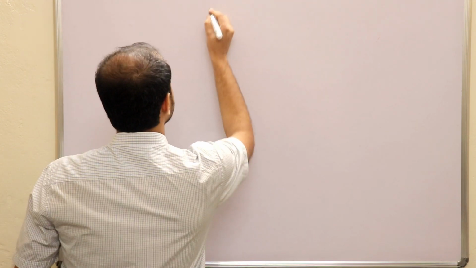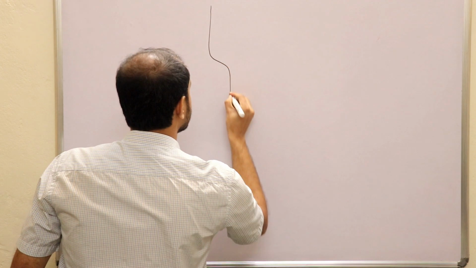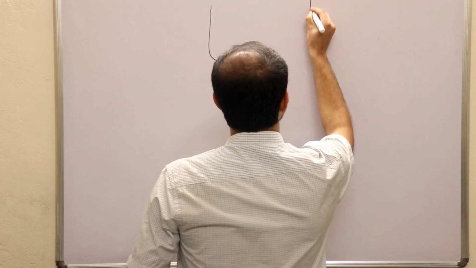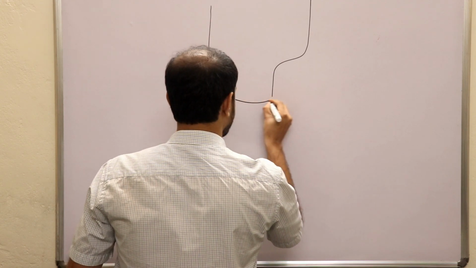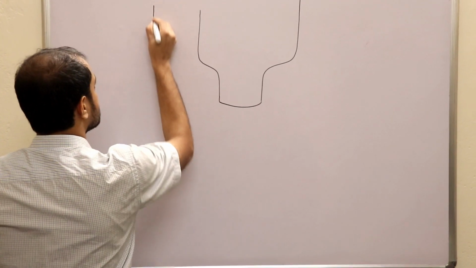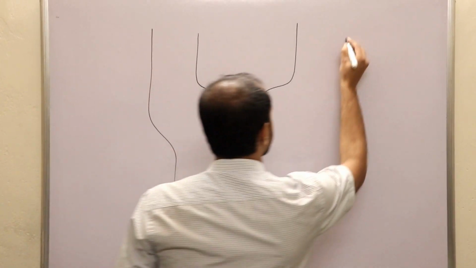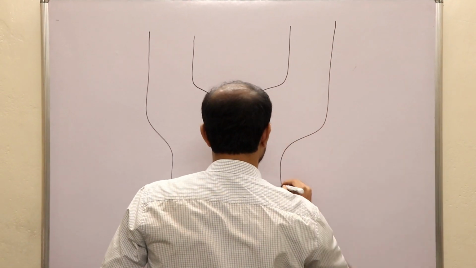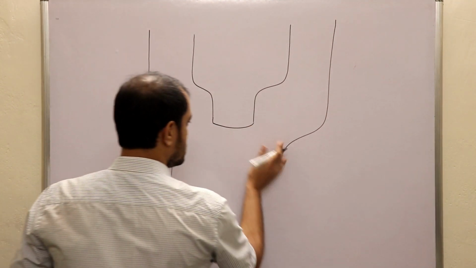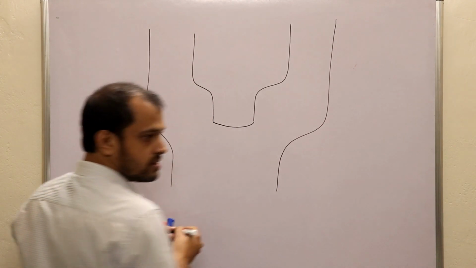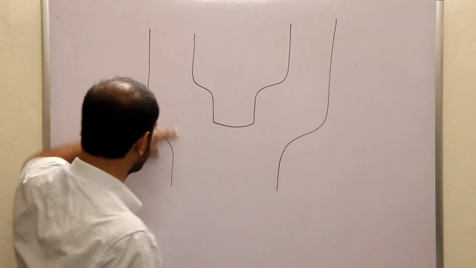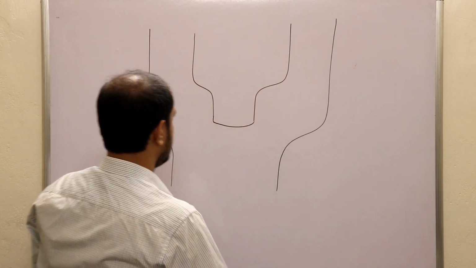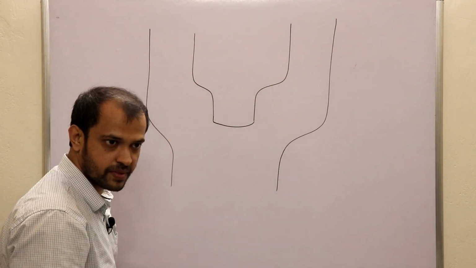Suppose this contains sheath fluid. Sheath fluid is flowing from here, and here is your cell suspension, right?